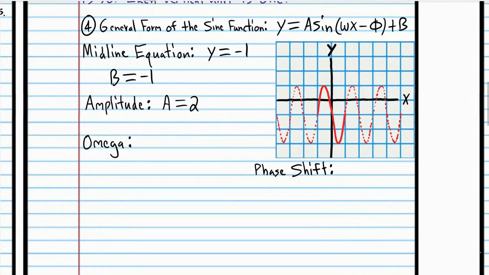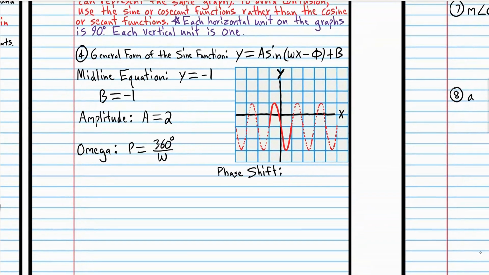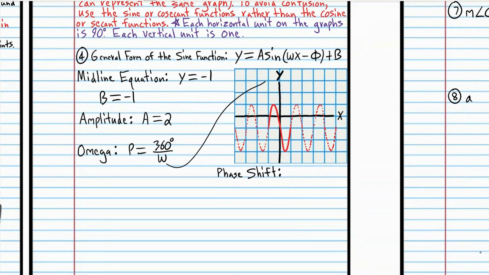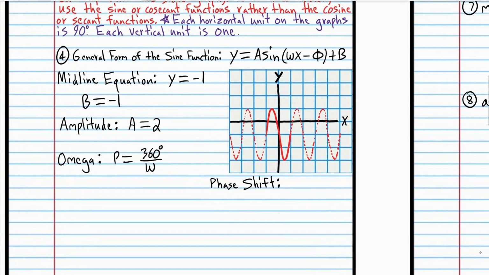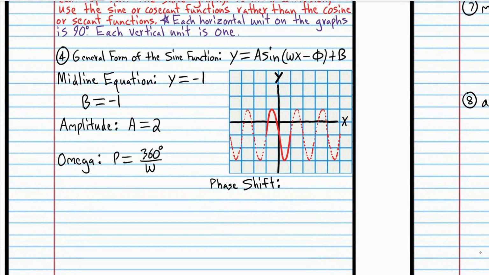And to find omega, we need to use our equation for the period. The period of a sinusoidal curve is equal to the normal period divided by omega. So if omega is 1, then the normal period would just be 360 degrees. But omega is not going to be 1 in this case. Well, maybe it is. We'll have to see.